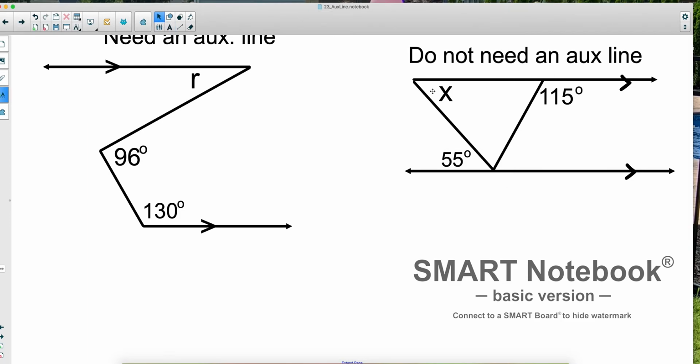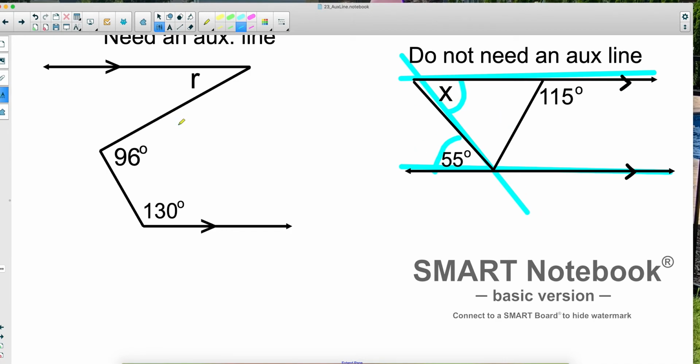We don't need an auxiliary line here because I have my parallel lines here and here, and I have my transversal right here. So right off the bat, these are my alternate interior angles here and here. Though it's a complicated diagram, it boils down to parallel lines cut by a transversal, so the auxiliary line is not needed.